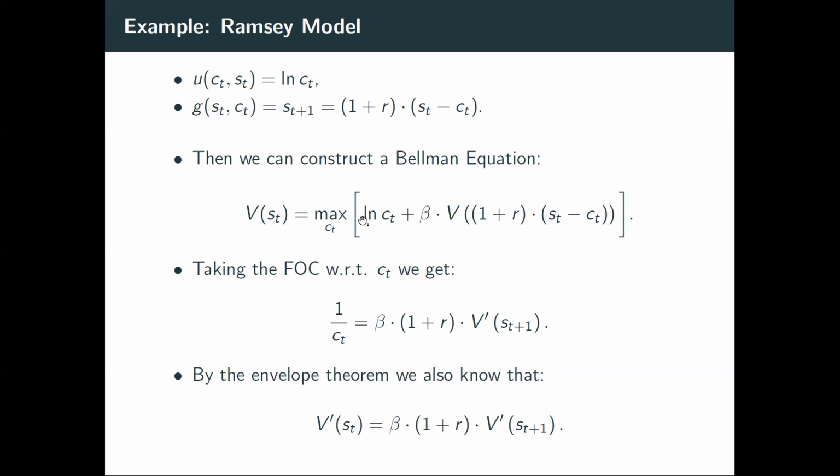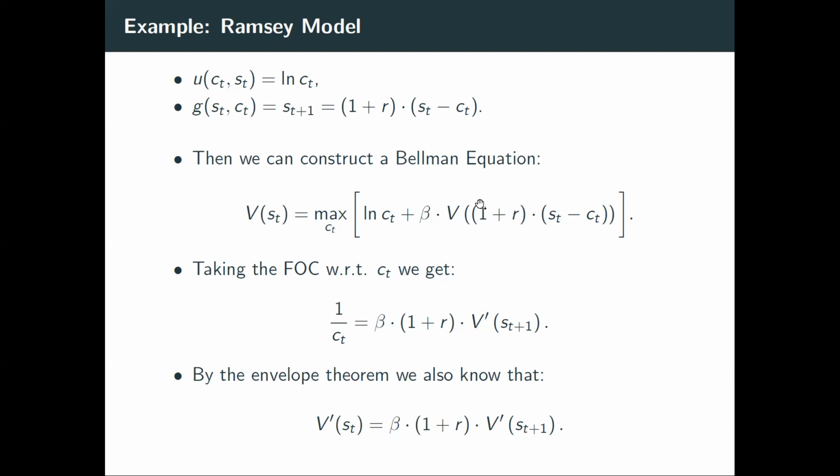as a natural way to proceed with solving this problem, you just maximize this sum with respect to CT. Therefore, you write the first order condition. What does it give you? You differentiate this, it will be 1 divided by CT. And here you differentiate this with respect to CT.